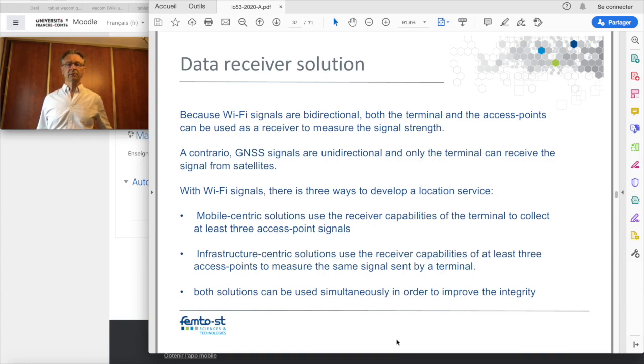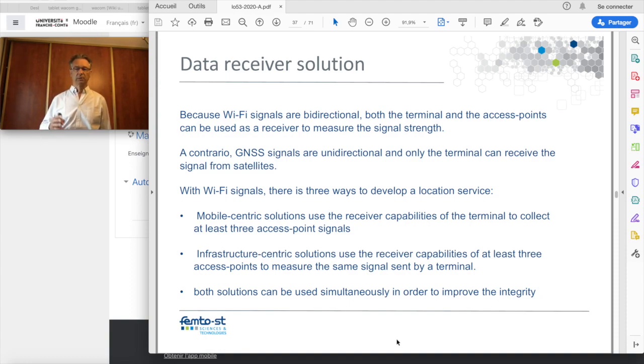So with Wi-Fi signals, there are 3 ways to develop a location service. You can use a mobile-centric solution in order to have all the calculation inside the mobile device, but you can also have an infrastructure-centric solution where all the calculation will be on the network, on the access point.